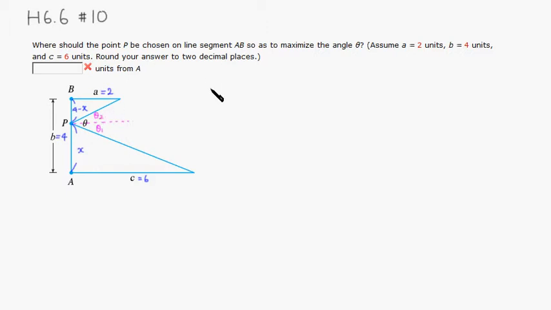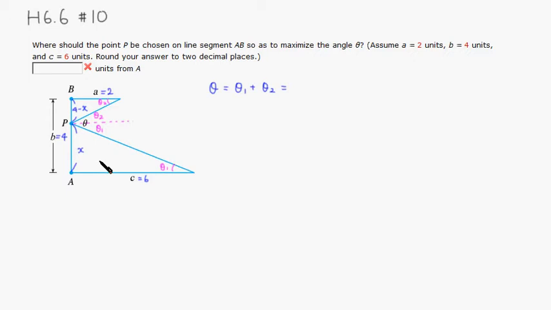So theta is just the sum of theta 1 and theta 2, since theta 1 is the same as this angle here, and theta 2 is the same as there.